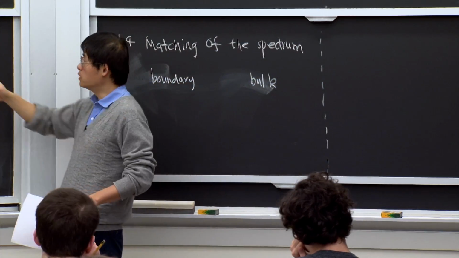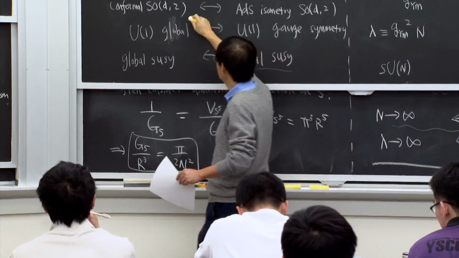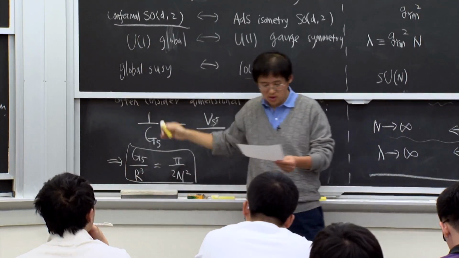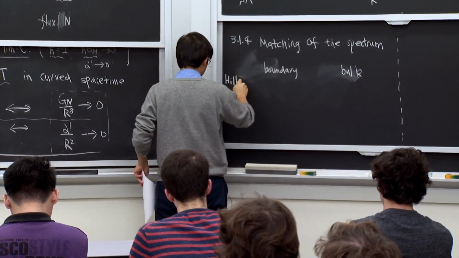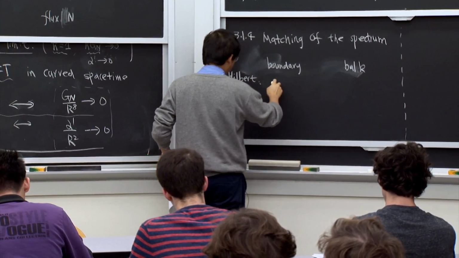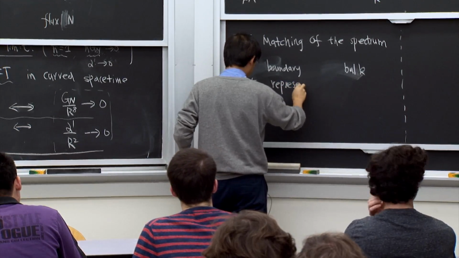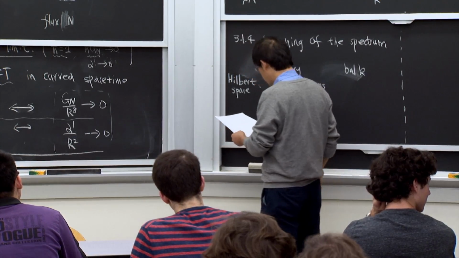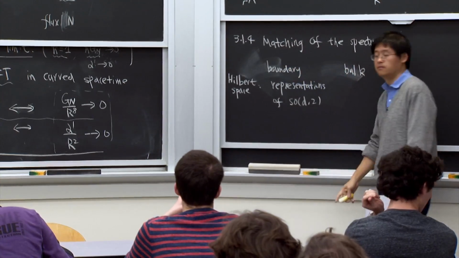The boundary theory is a conformal theory with this symmetry. That means that your Hilbert space should be organized as representations of the conformal group, say of this SO(d,2). Okay.